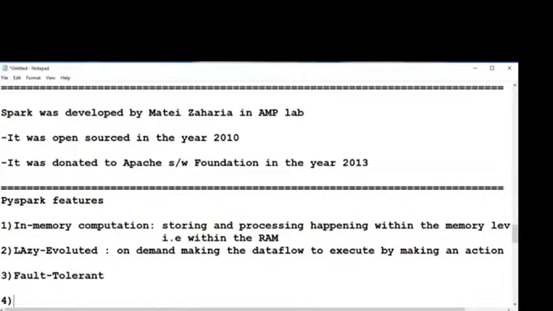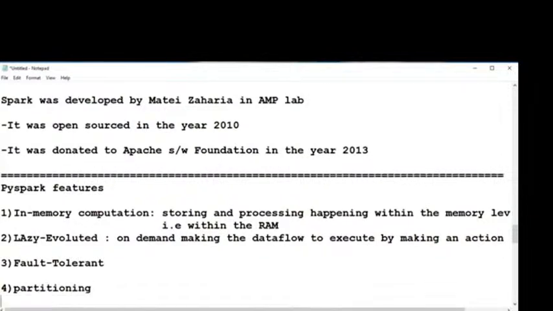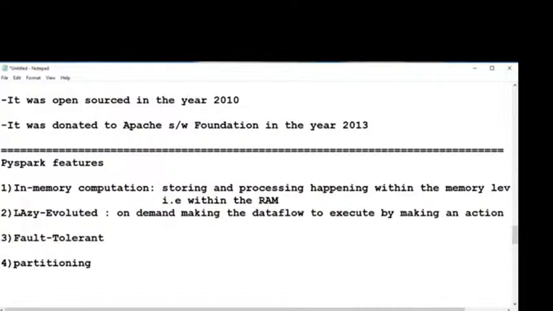See, Spark data is going to be divided into multiple partitions. They are going to be distributed across multiple systems and are processed parallelly. That is what we call partitioning. Partitioning means if data is partitioned only, parallel processing can happen.